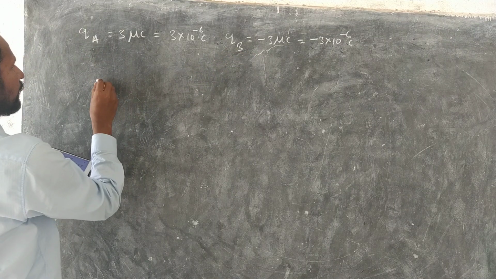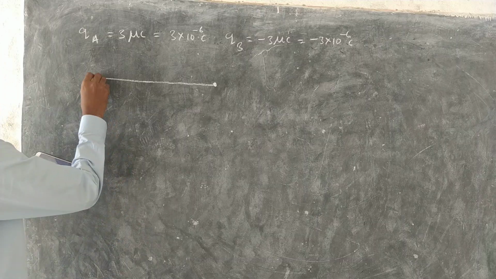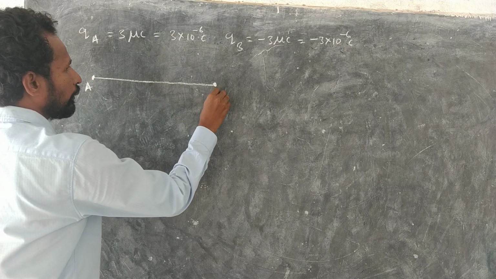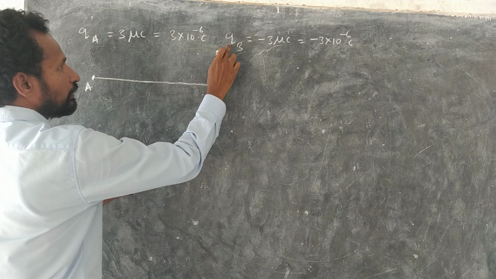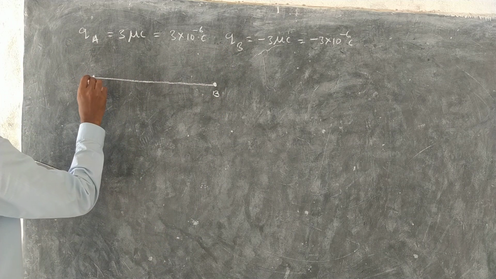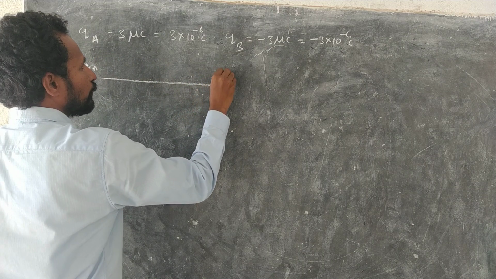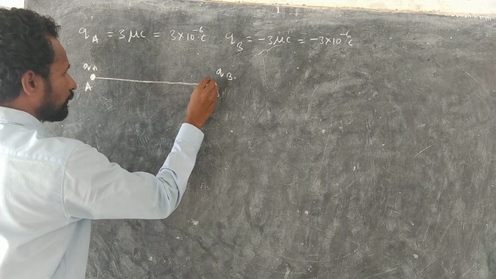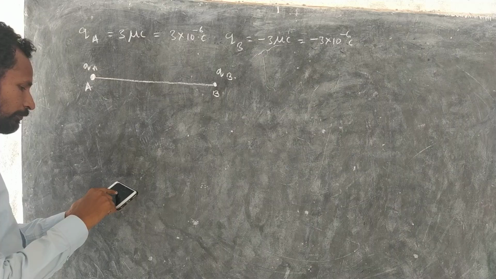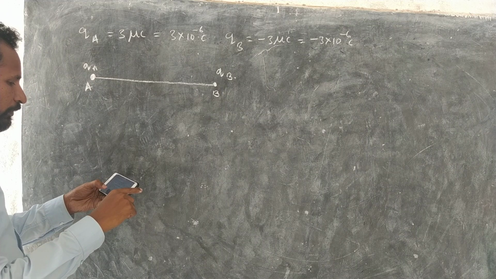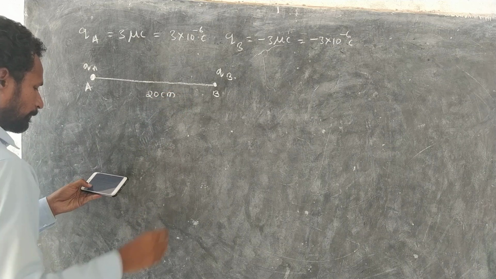So these two charges are placed at two different points, one is A and another one is B. QA means this charge placed at A, QB means this charge placed at B. AB is the length, and the distance between these two is 20 centimeter.